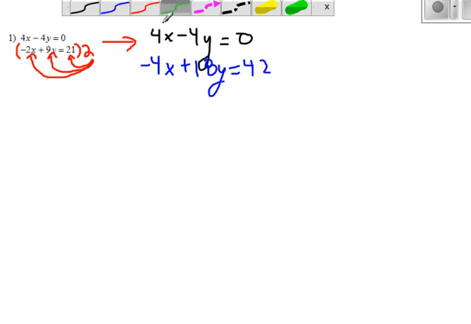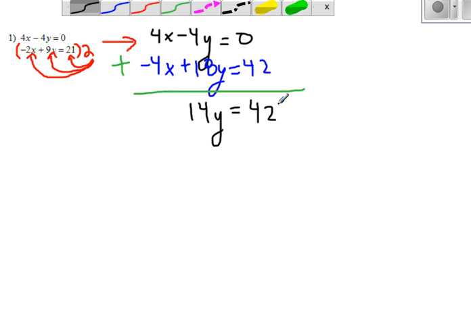Why does that help us? Because now you've got opposites and we can eliminate these. Negative 4x, positive 4x, they cancel. We basically add everything up here. This is going to cancel, that's going to make 0. Negative 4 and positive 18 makes 14y, and 0 plus 42, that is just 42.